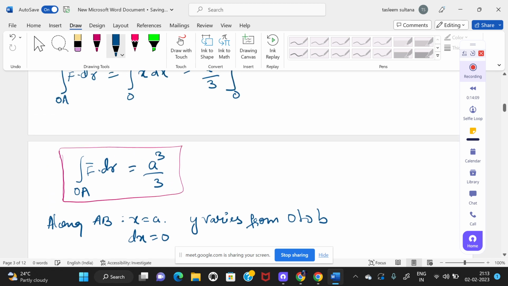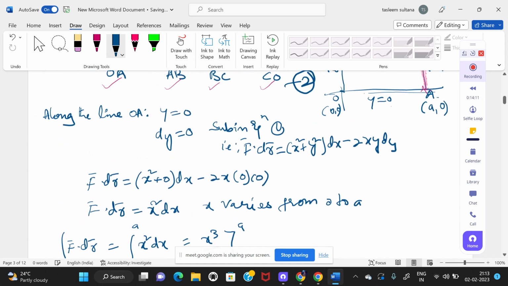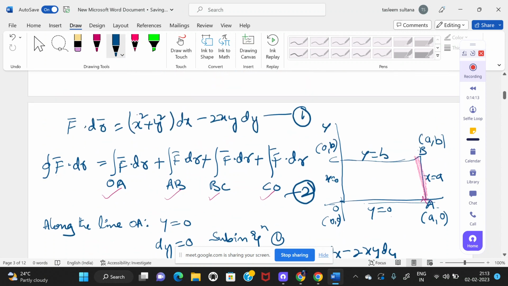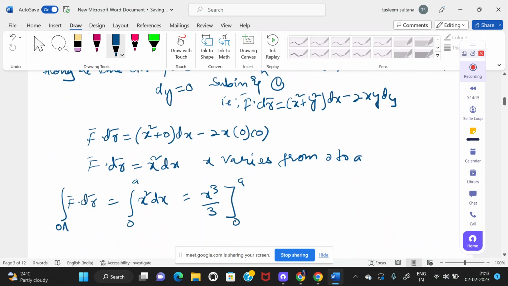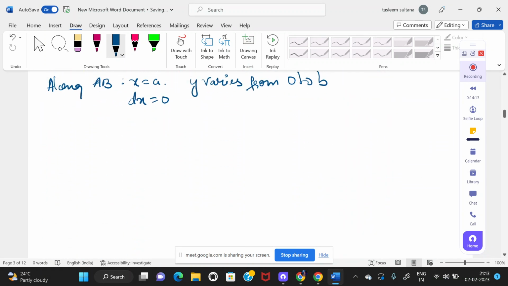Now again you have to substitute that into your given equation. This is our first equation. Aditya, just tell me that equation. F into dr vector is equal to (x square plus y square) into dx minus 2xy into dy.